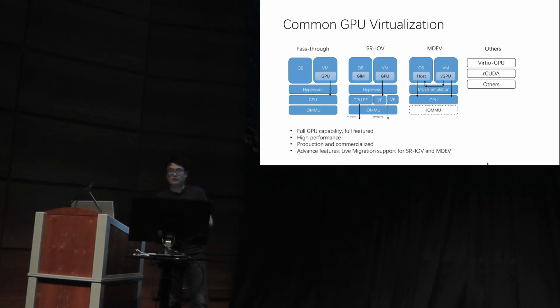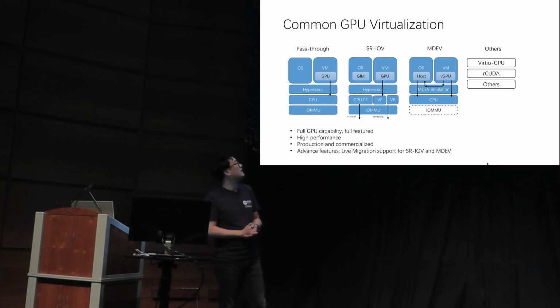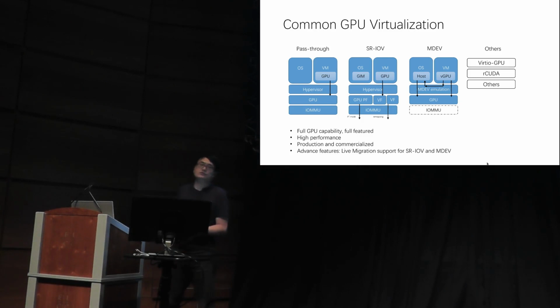The third solution is called mediated pass-through, which Intel GPU and NVIDIA GPU use. There are also other solutions like virtual GPU and others, but as of now these are not production level or commercialized in data centers. The remaining three solutions, pass-through, SR-IOV, and mediated pass-through, are production level and commercialized.